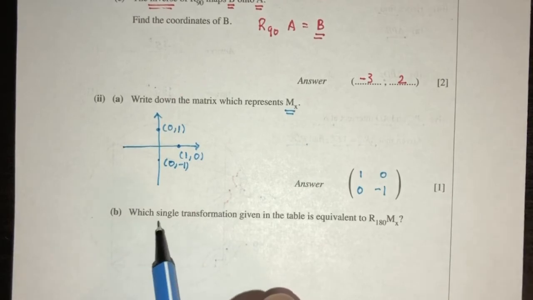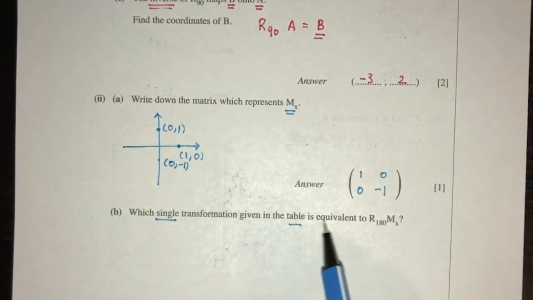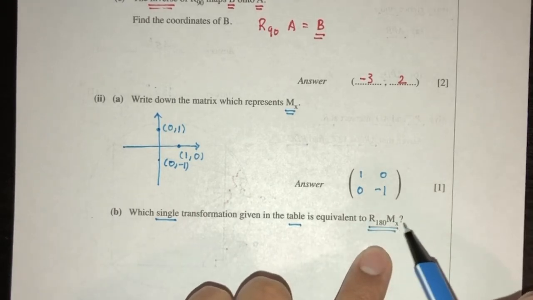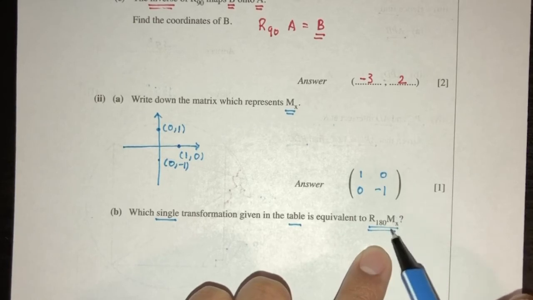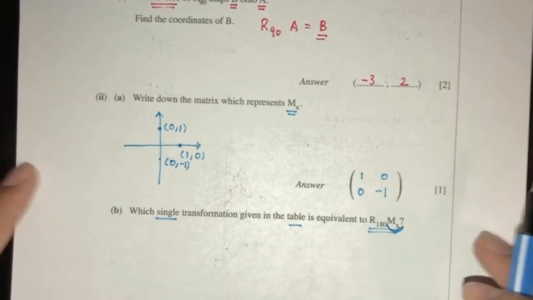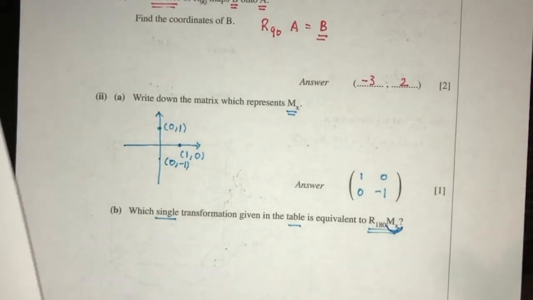So now for part B, what single transformation given in the table is equivalent to this? So this is first applying a reflection in the x-axis, and then a rotation of 180 about the center. So let's first have an example.